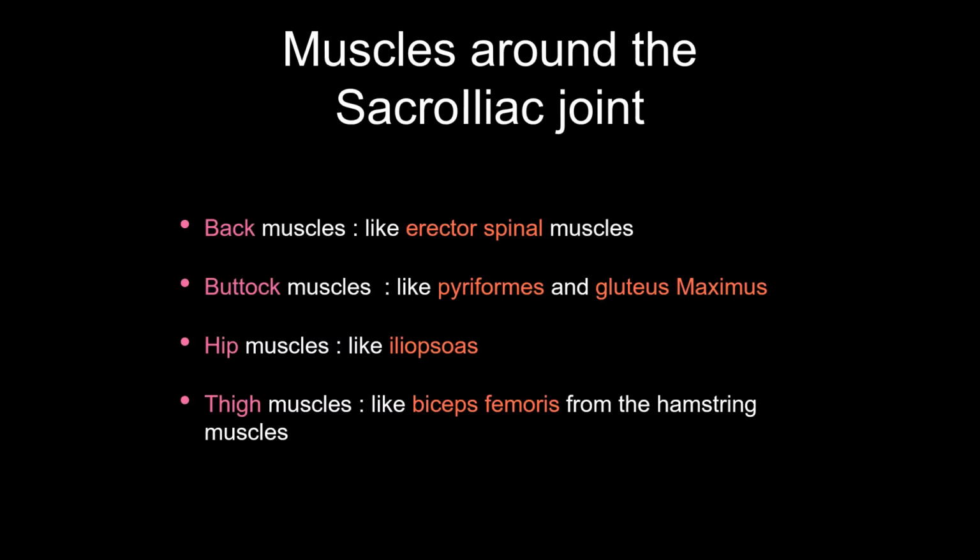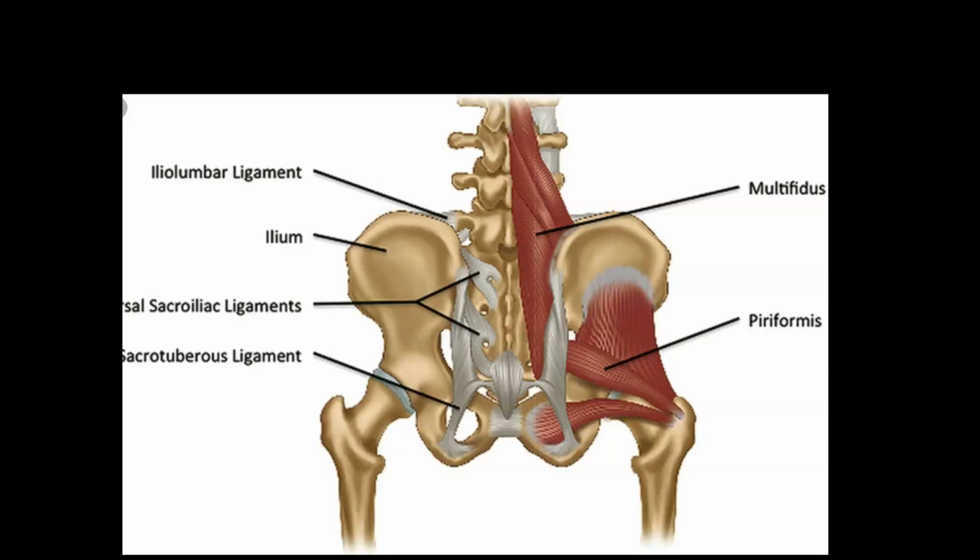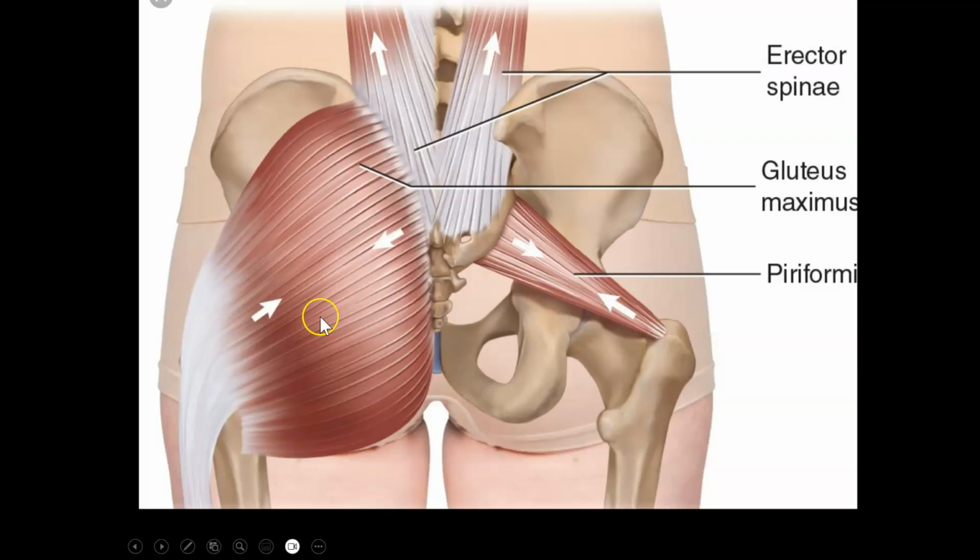So, from behind, erector spinae and the gluteus maximus, piriformis, and from the front, the psoas, and from behind also the biceps femoris. This is the multifidus or erector spinae, and this is the piriformis muscle, and here is the gluteus maximus, as we'll see. This is the gluteus maximus, this is the piriformis.